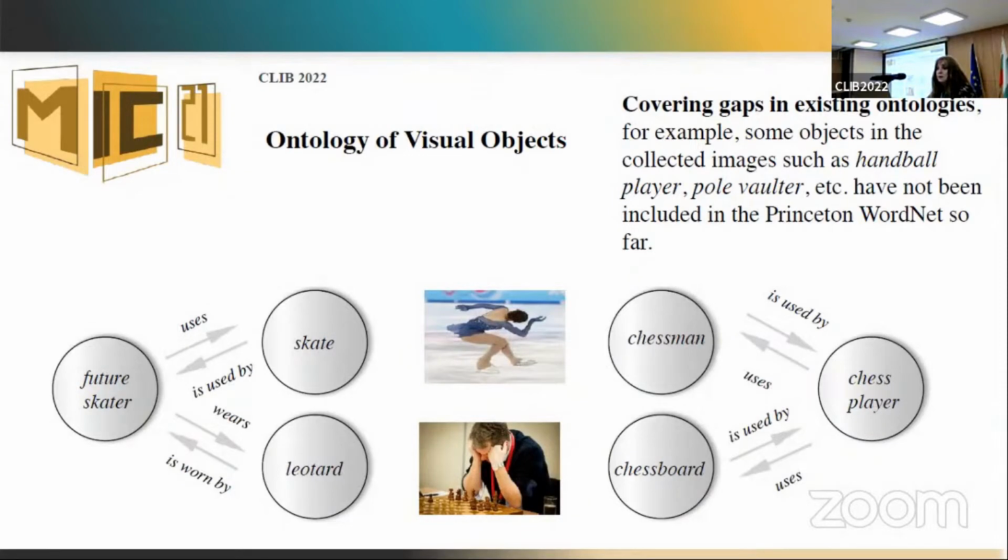It was noticed that different concepts are not included in WordNet. I gave you the example with figure skater, but also many other concepts which are regularly used are, for one reason or another, not included in WordNet.